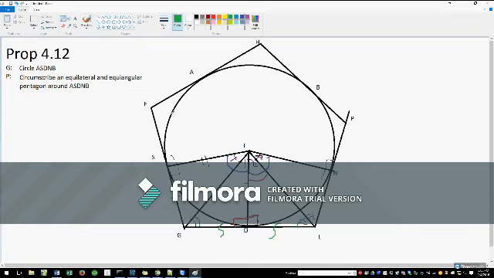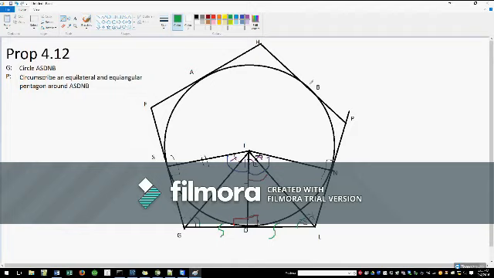And similarly, we can prove that all the five lines are equal. Therefore it is equilateral, and therefore the pentagon is equilateral.